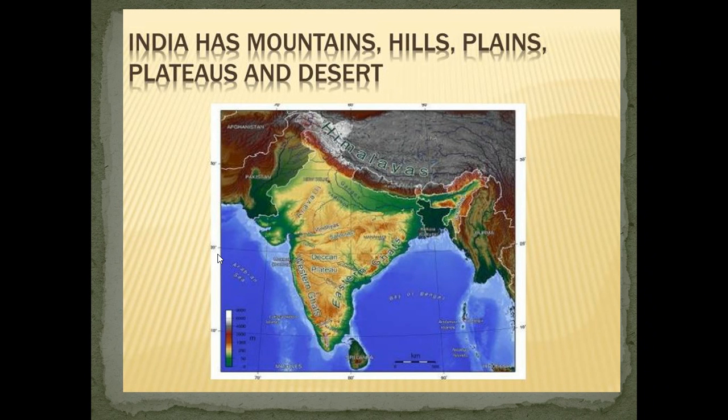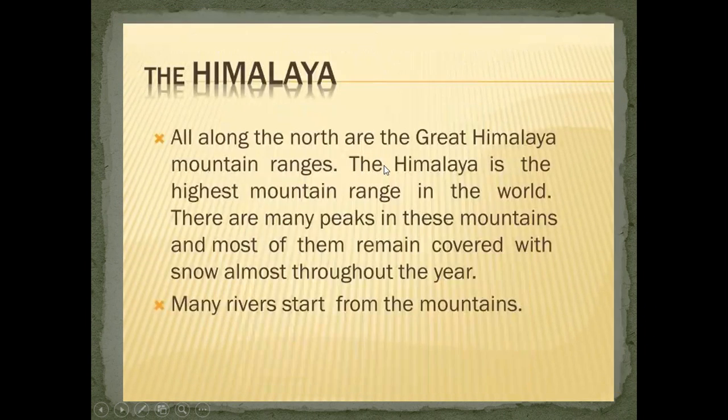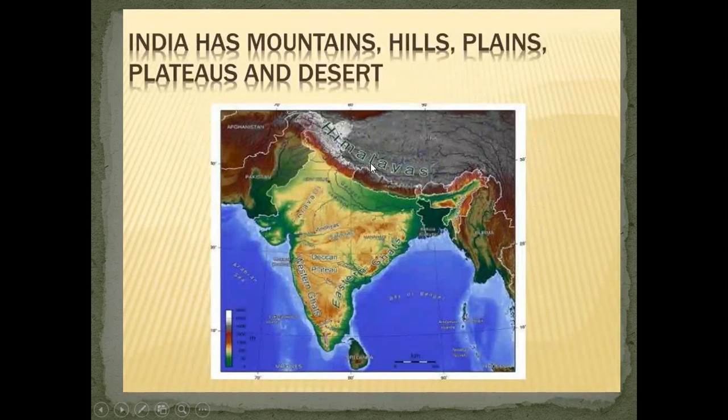Can you see this picture? Yes, ma'am. Here, see closely. You can see here Himalayas. Can you see the arrow mark of this mouse? See here, Himalayas.